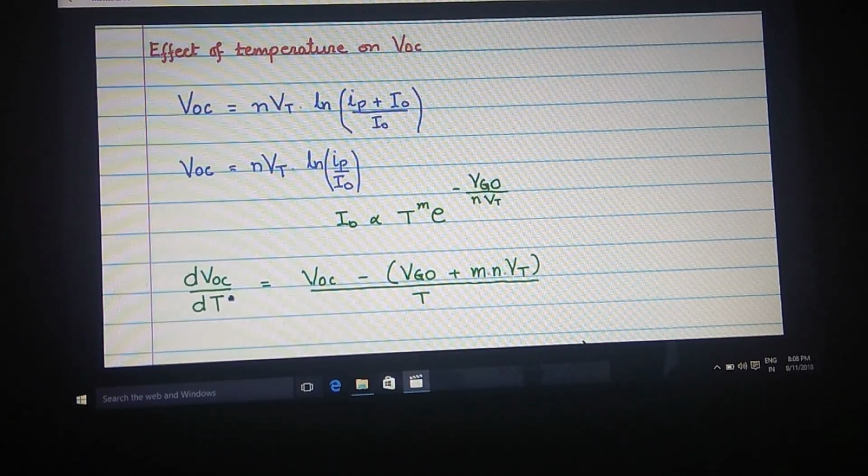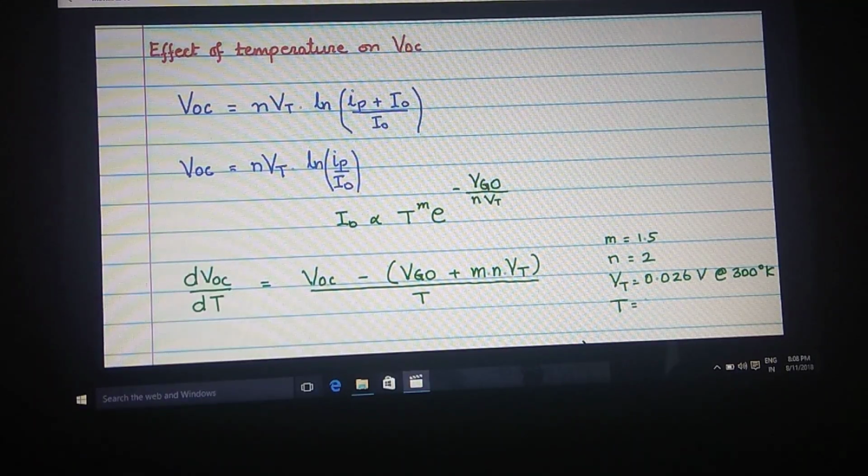Now, if we take typical values for silicon, M is equal to 1.5, N is equal to 2, Vt is equal to 0.026 volts at 300 degree Kelvin.